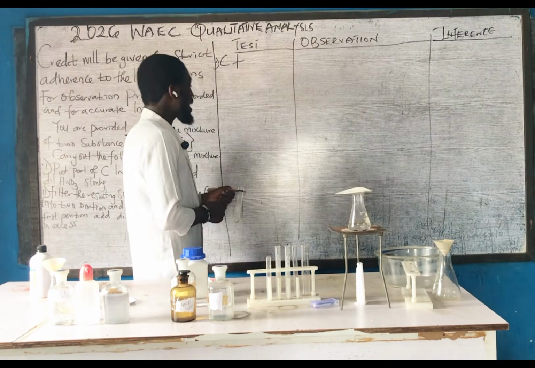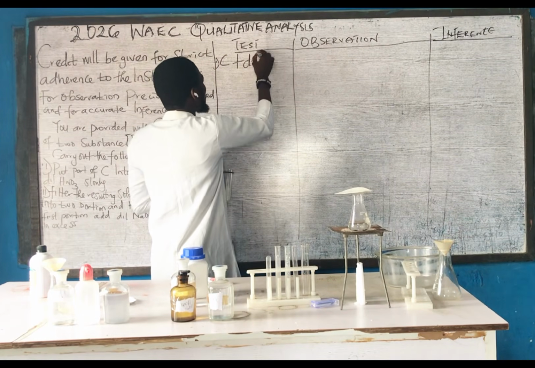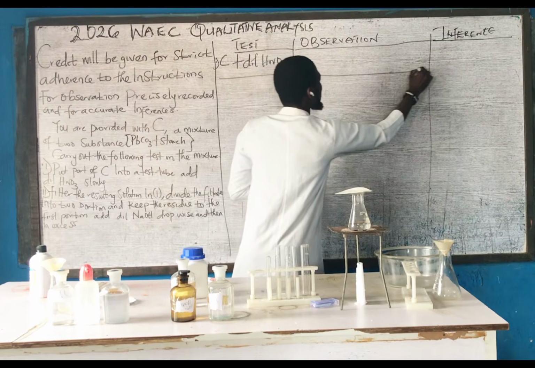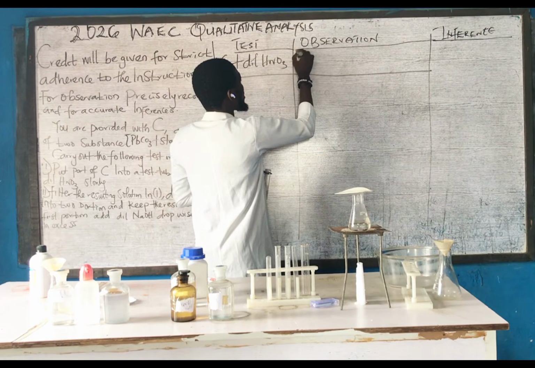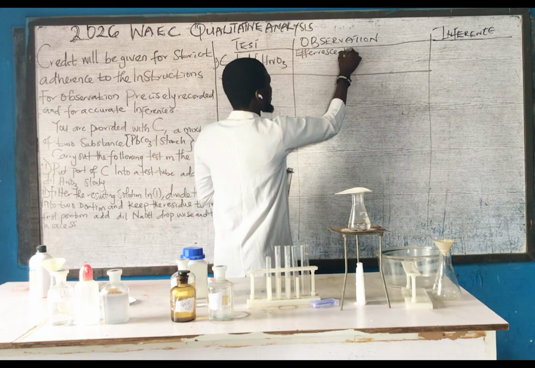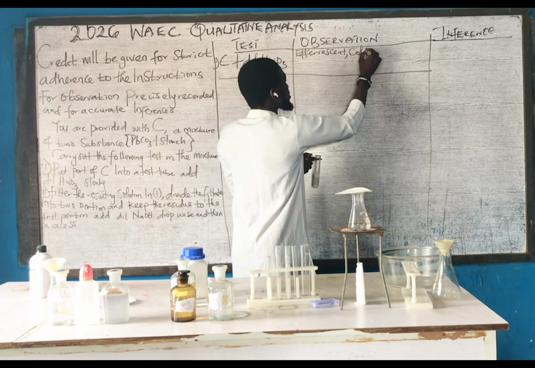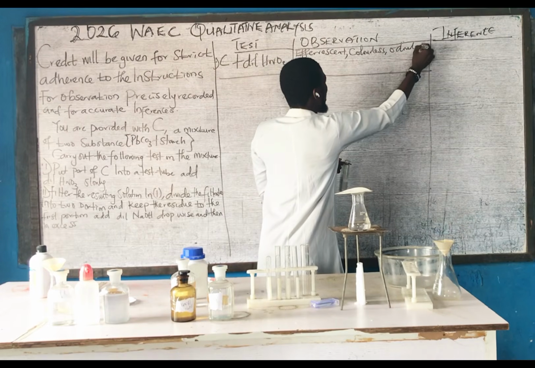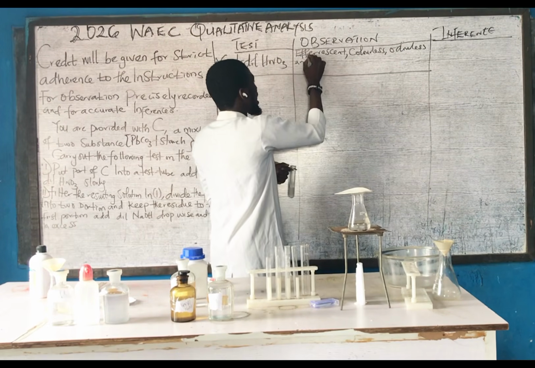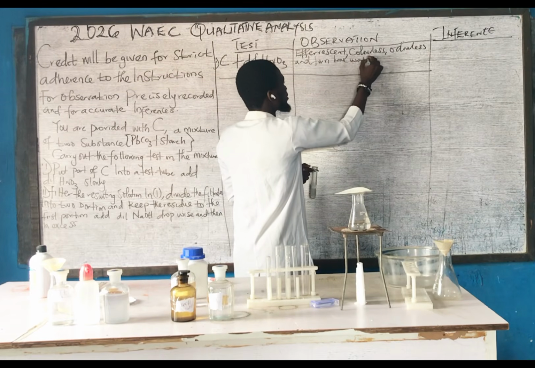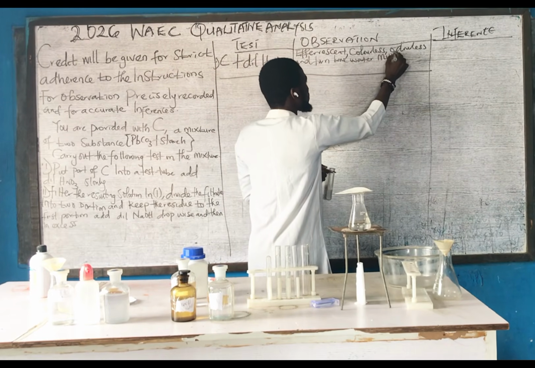So sample C plus dilute HNO3 gives effervescence, colorless, odorless gas, and turns lime water milky.